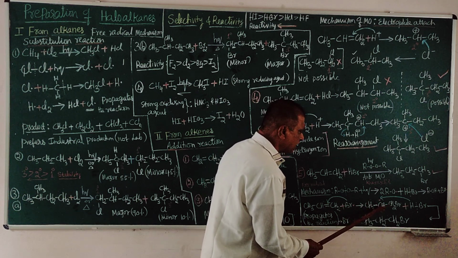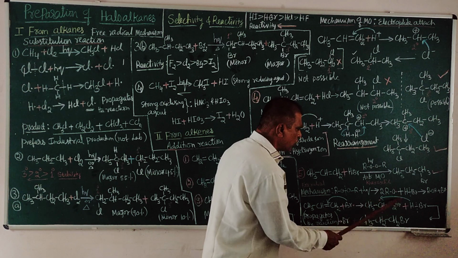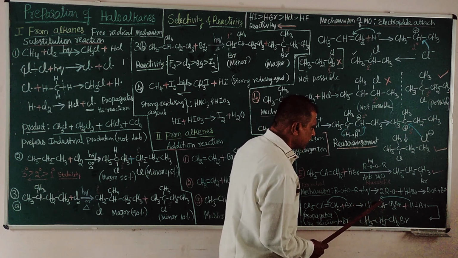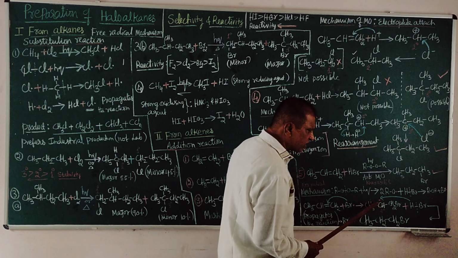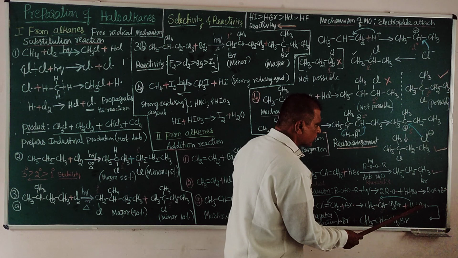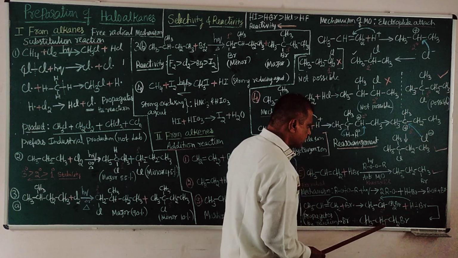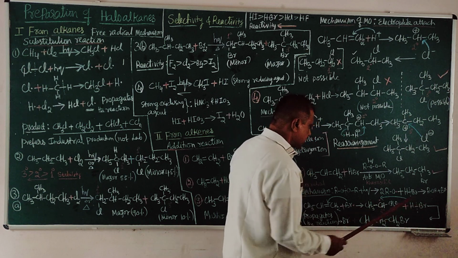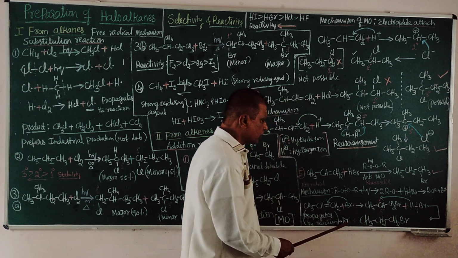So this is stabilized, and a larger amount of this compound is formed. After this, this free radical acts on another HBr, resulting in H bonding with this, and this gives a Br free radical.